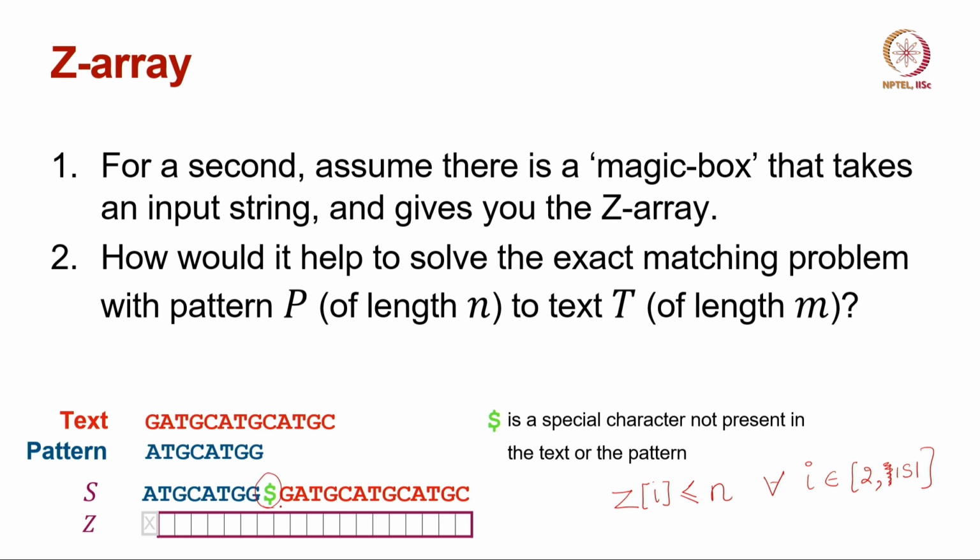We can never have a situation where a substring of length greater than n matches a prefix of this string S, because the separator symbol only occurs once in the entire string S. So there can never be a long substring matching a prefix of S. Therefore all the values of Z will always be less than or equal to n, which is the size of the pattern.